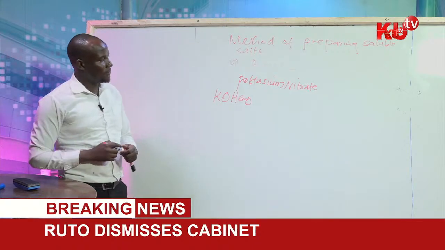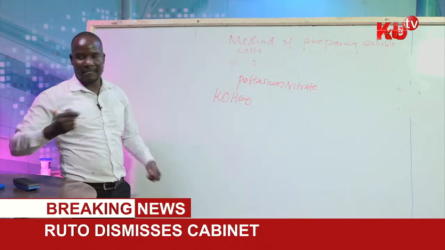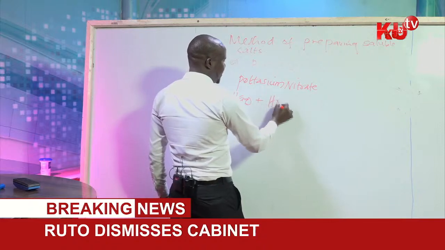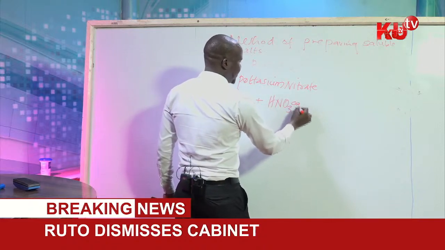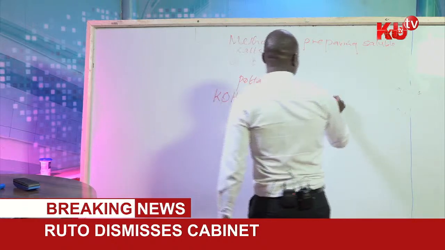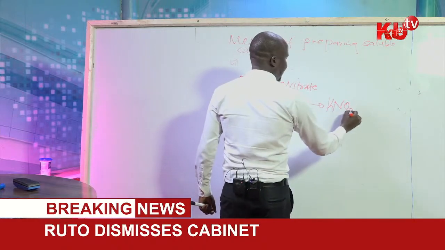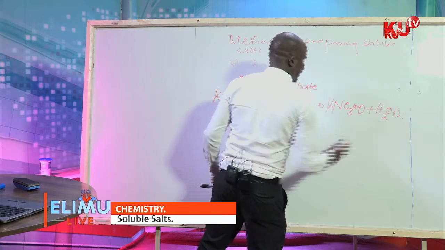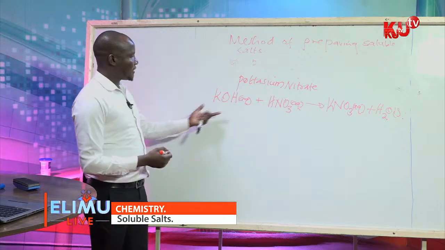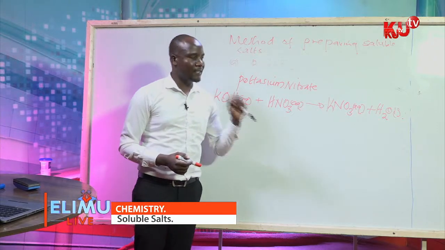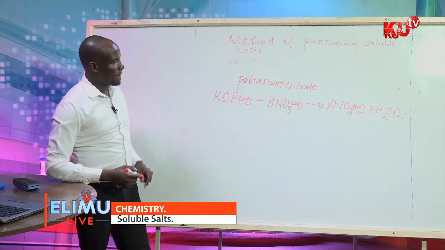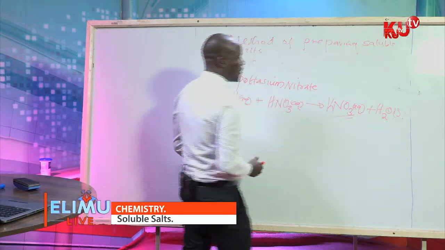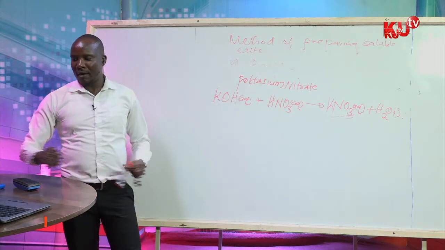Potassium hydroxide with dilute nitric acid, aqueous, will form potassium nitrate and water, which is a liquid. Potassium nitrate is a soluble salt.